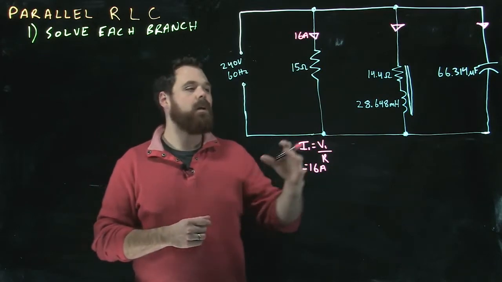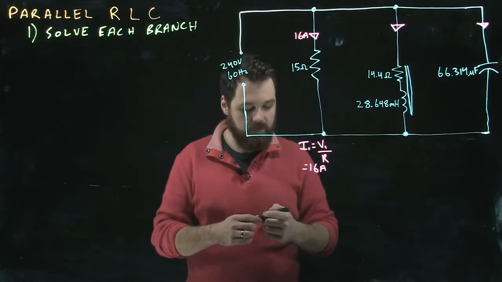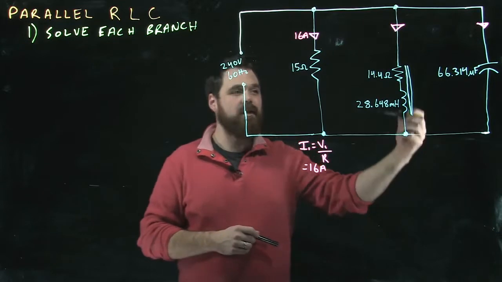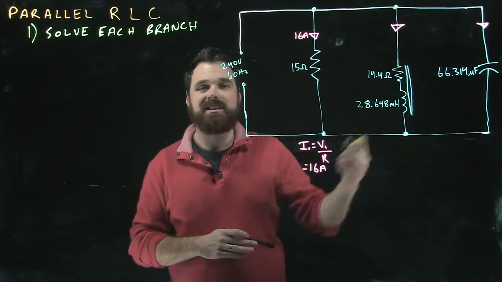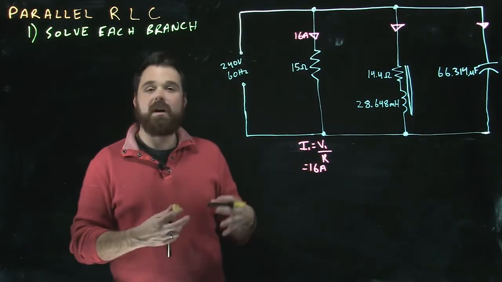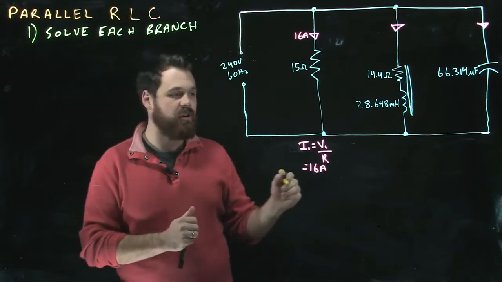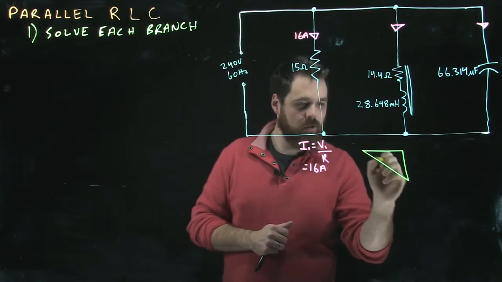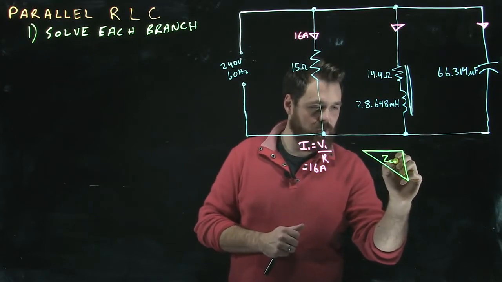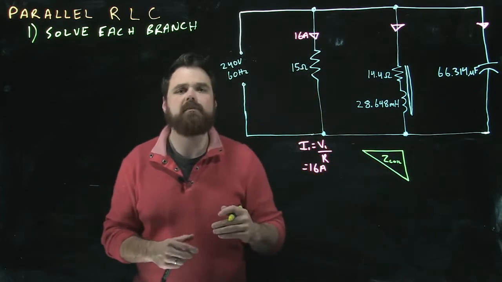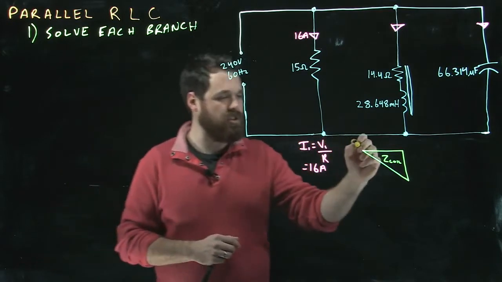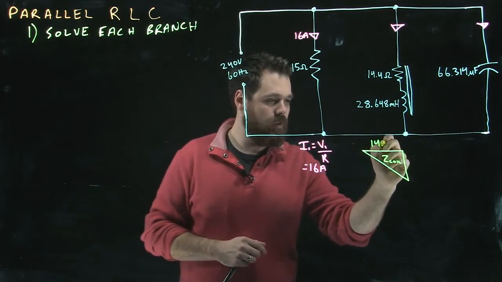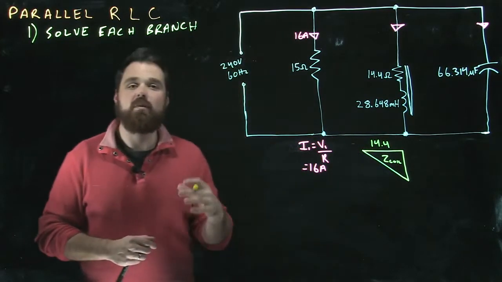Now that's easy because it is a resistor. No problem. When I move into this coil, it gets a little bit more complicated because I have that resistive component as well as the inductive component. So for our coil in this circuit, we actually have to create Z of the coil, a little triangle. We put our resistive component here, and we have to figure out what our XL is.